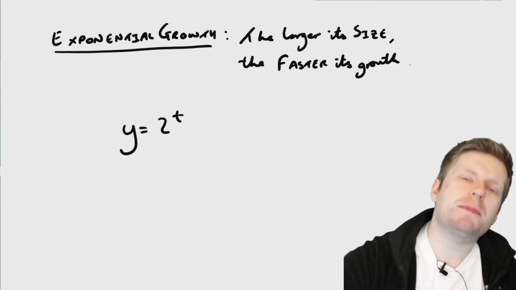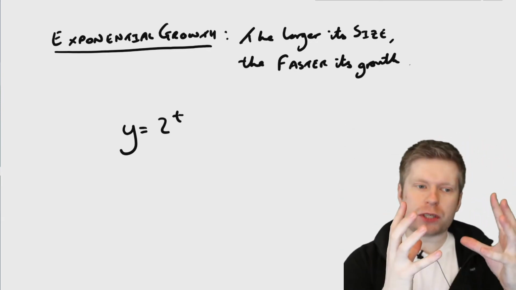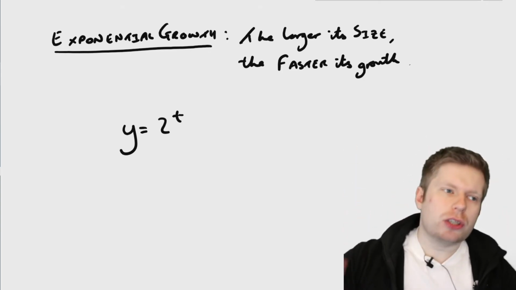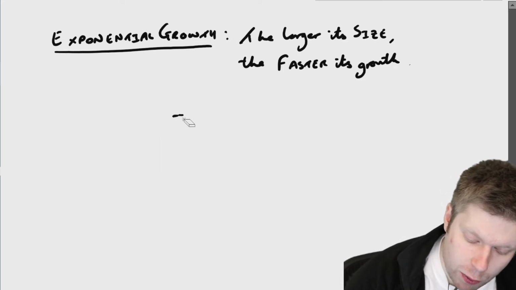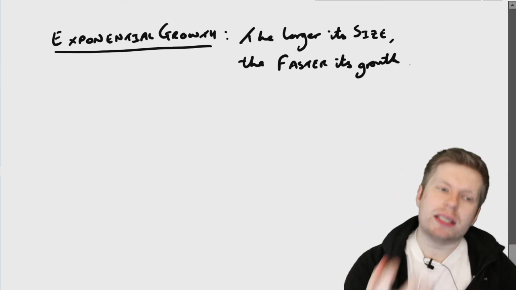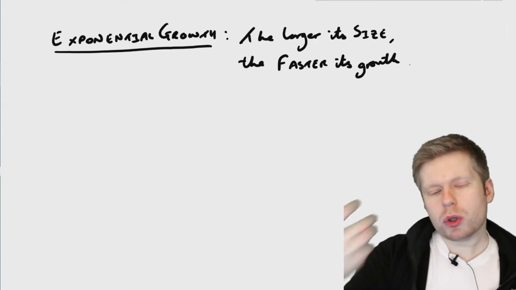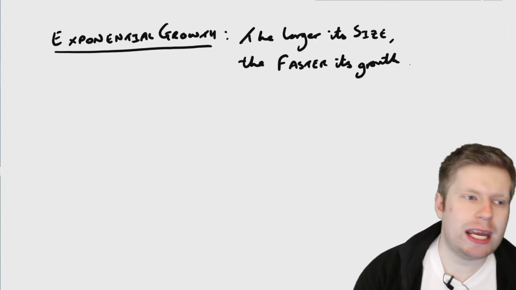As it rolls, it's picking up snow, so its surface area is growing, which means it can grow even faster. So exponential growth fundamentally says the larger something is, the faster it can grow. So I want to talk about what its rate of change is doing.